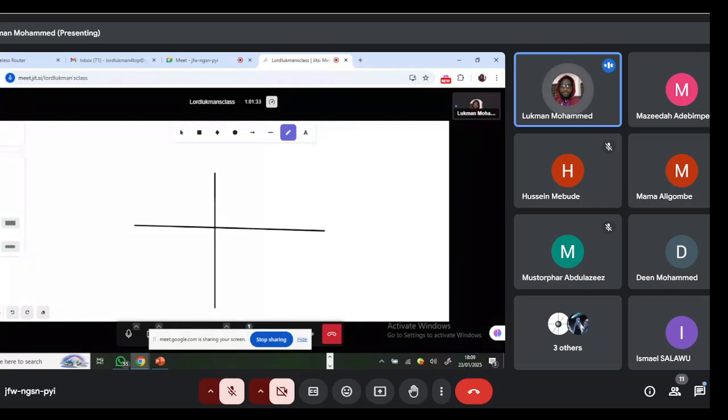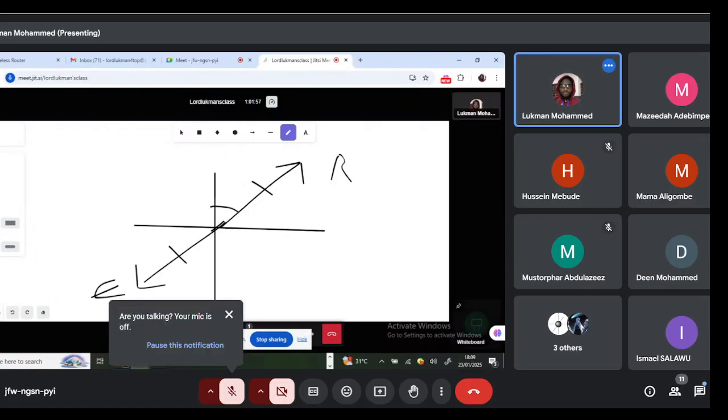For example, if this is the resultant, a vector R, the equilibrant goes the other way, directly in line, and will be the same length, because they are of the same magnitude. This is E, the equilibrant. Both of them are the same length. Let me use this cut to show that they have the same length. If the resultant is 12 newtons, the equilibrant is also 12 newtons. Now check.